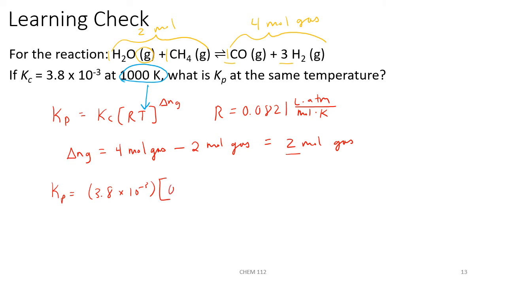times R, 0.0821. And we'll just leave off units for now because K sub P and K sub C don't have units, so it can be confusing to try to break down the units at this point. Times our temperature in Kelvin, so times 1000, and that'll be raised to the second power here because that's what delta NG was.